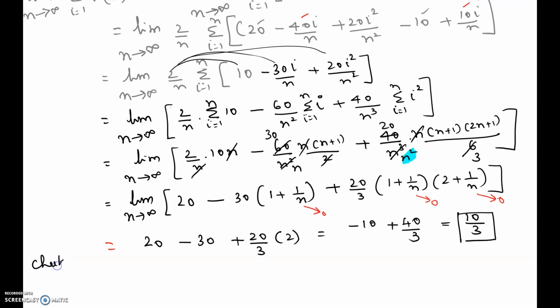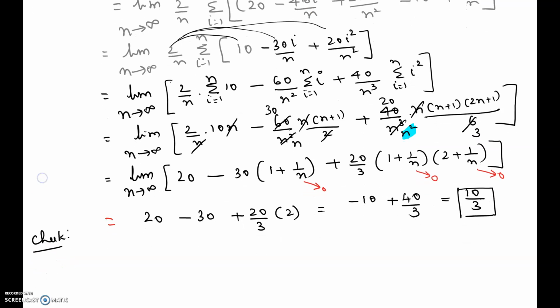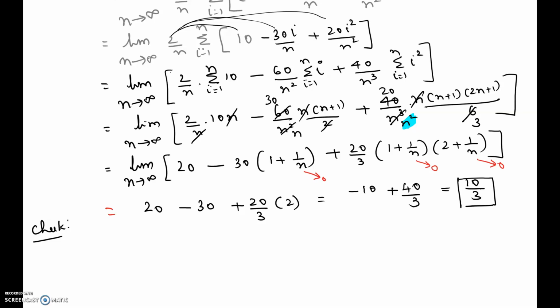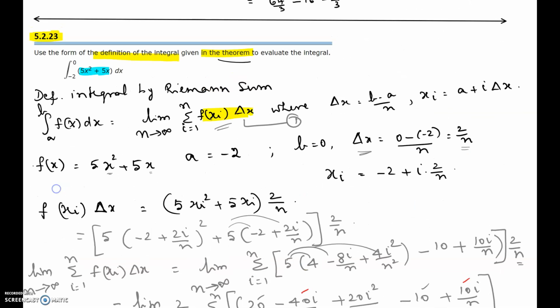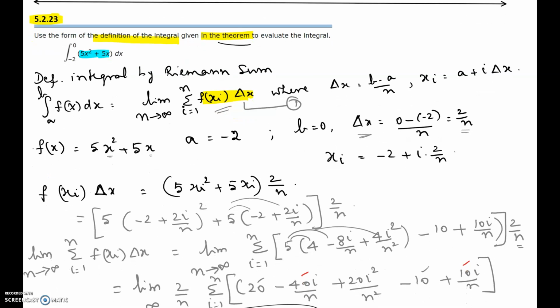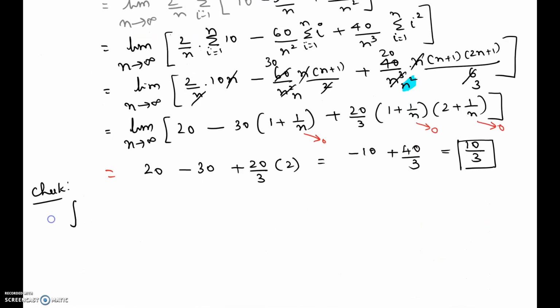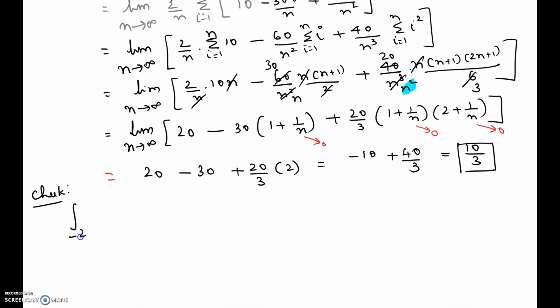So always, as I said, these problems can be checked by the regular antiderivative process that you learned. So for this problem, it is the integral from negative 2 to 0 of negative 5x squared plus 5x dx.